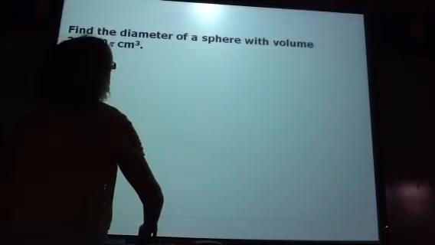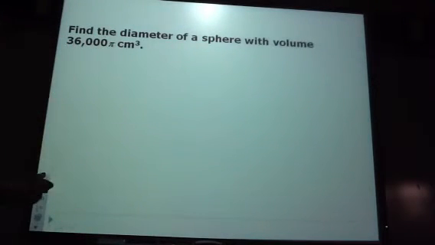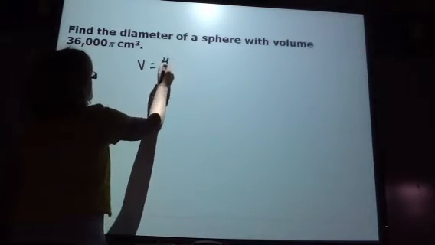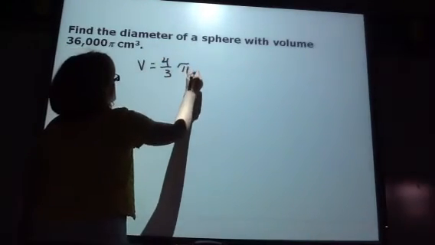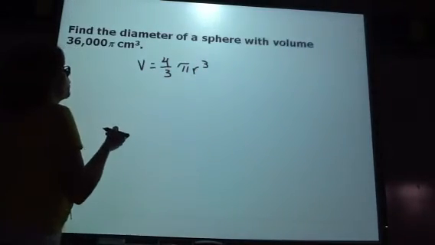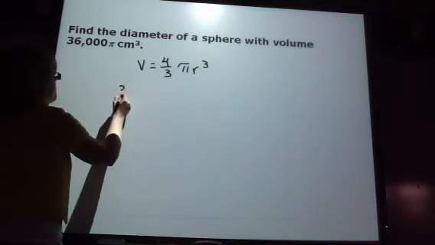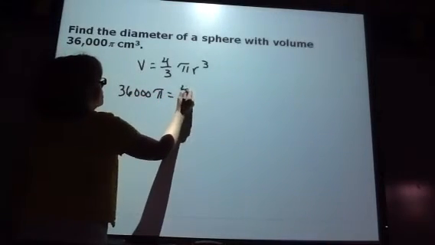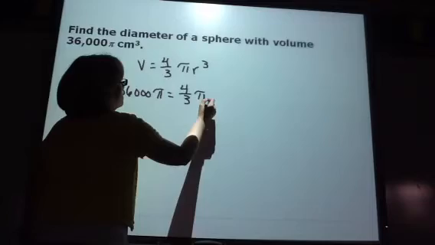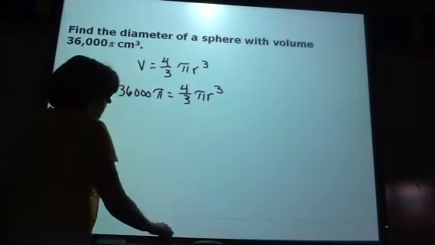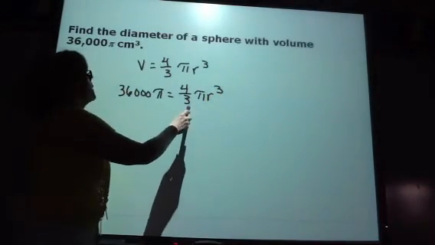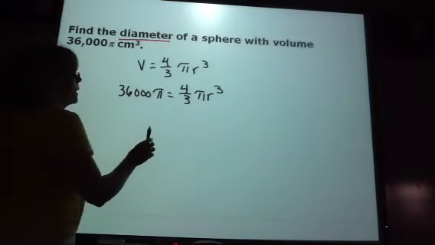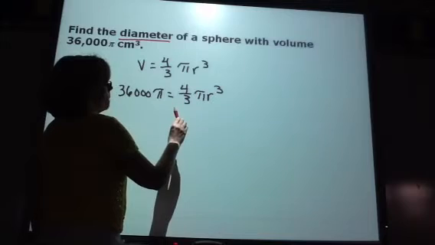Okay, now we're going to find the diameter of a sphere with the volume that is given. So let's start with our formula. The volume's given, so we can substitute in, and we can find out what the radius is and then double it to find the diameter. So what we need to do is isolate this r cubed.